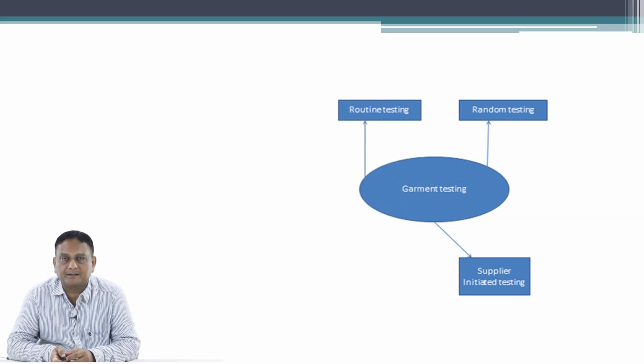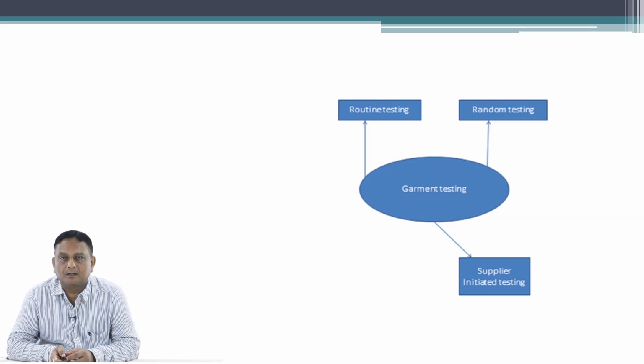In this particular lesson 2 on garment testing, we have covered the different sources where RSL can be found and what its harmful effects are. We have also covered routine testing and why it is important.